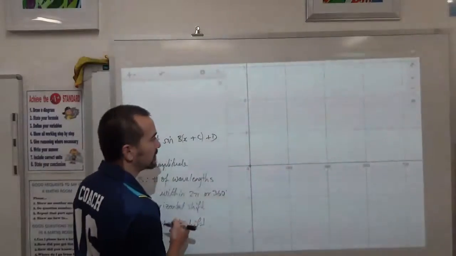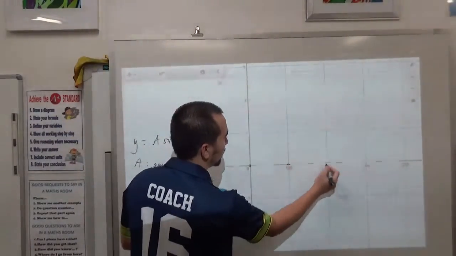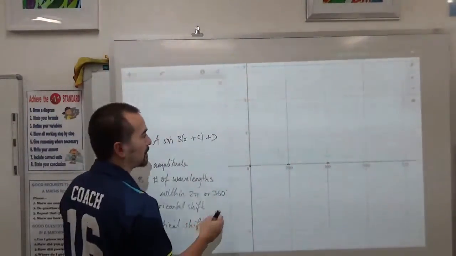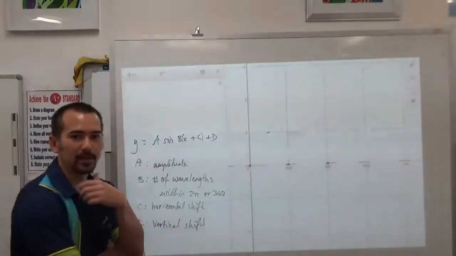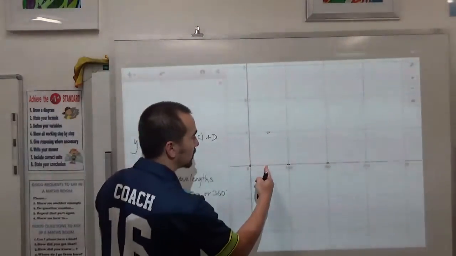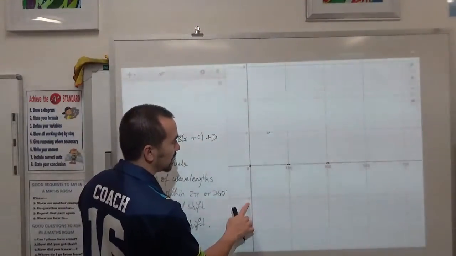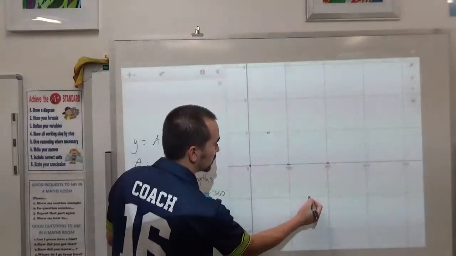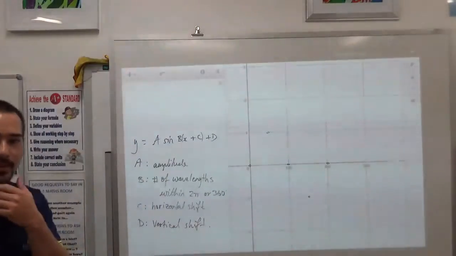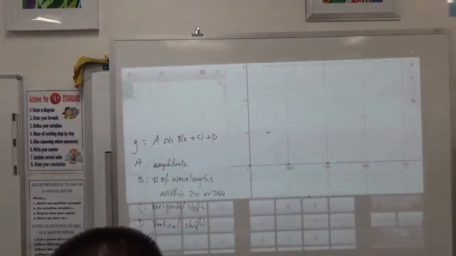We'd start here, go through there and there, and my maximum is here at how many degrees? 90, right? 1/4 along the way to 360, and -1 will be at 270 degrees. Okay, so that's our sine curve. Let's type it in and verify that.